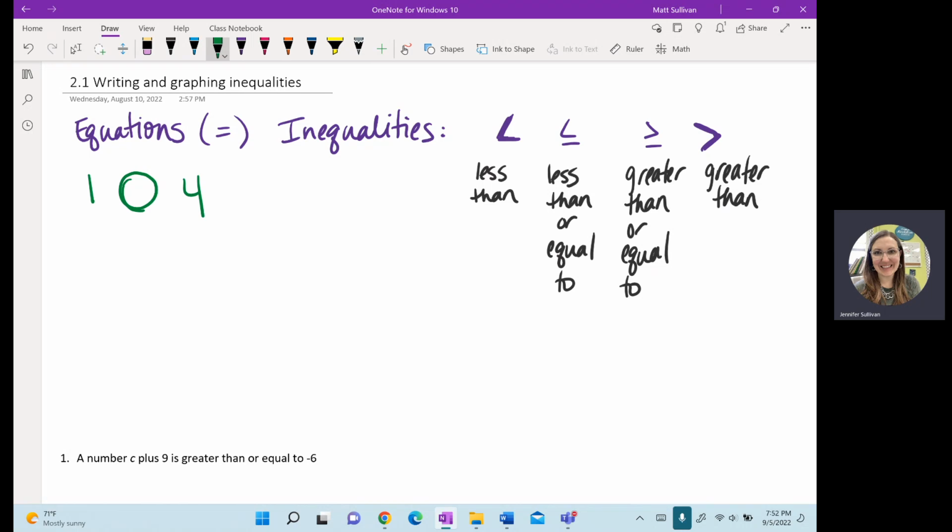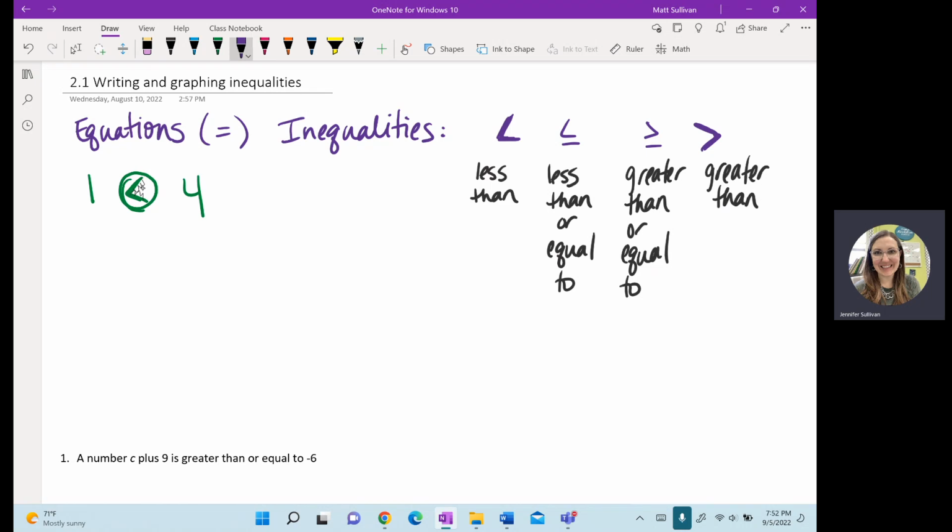So we would pretend the inequality sign is the mouth of an alligator. Nom, nom, nom, there's my alligator mouth. And it always wants to eat the one that's bigger. Okay, so that's all well and good.